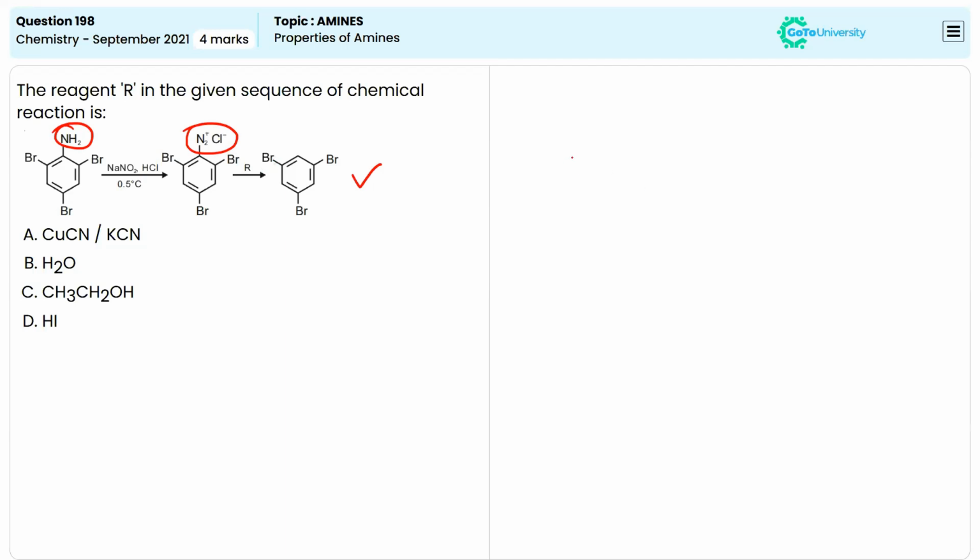So the reagent R will be what? We can say that the reagent R will be ethanol, that is CH3CH2OH. Because this ethanol can act as a mild reducing agent here and convert the diazonium salt into arene. At the same time, the ethanol will be oxidized to ethanal as well. So this ethanol will be the reagent R here.